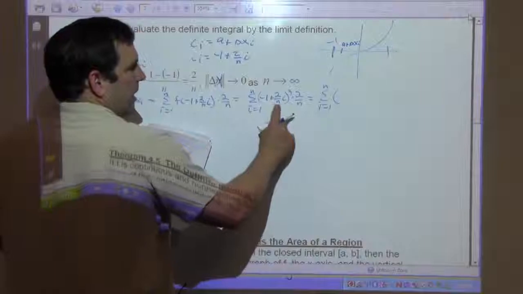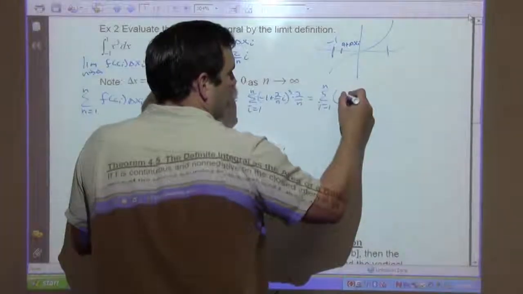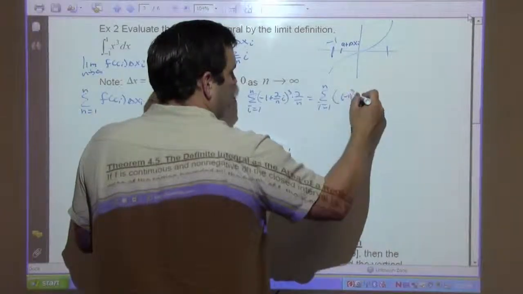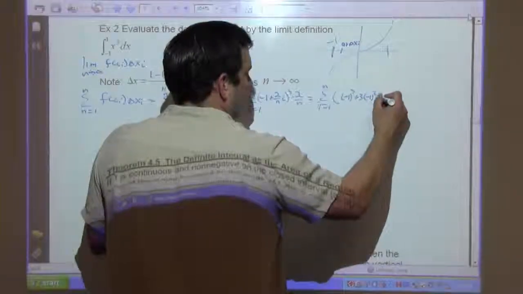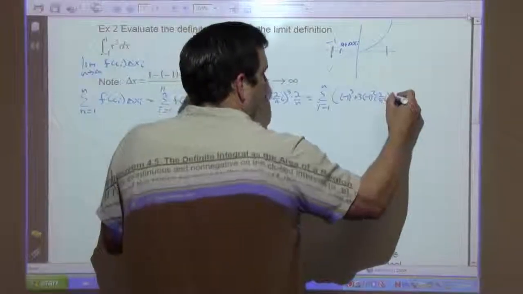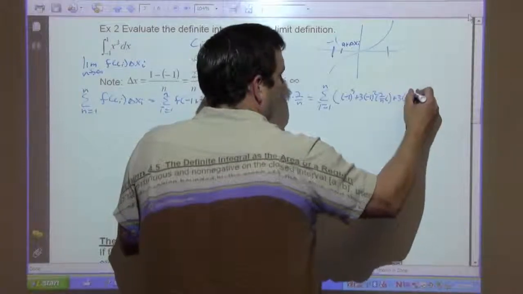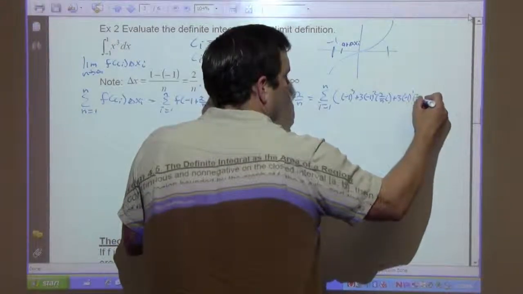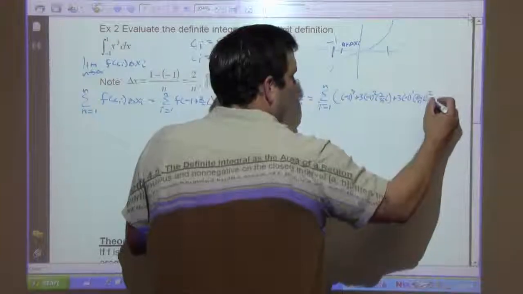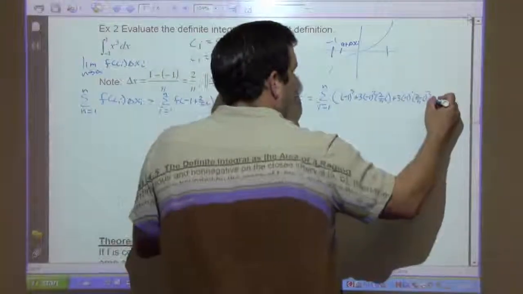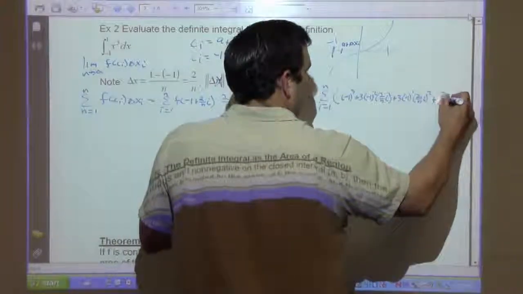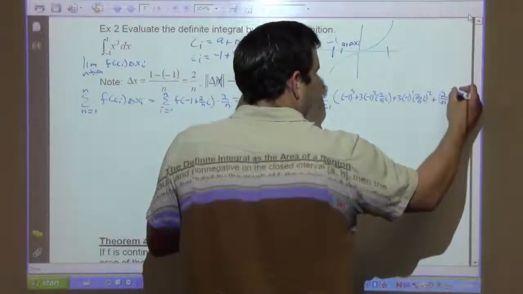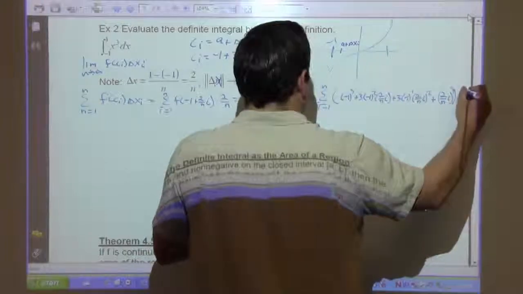of, now we're going to expand a cubic here. I hope you remember how to expand a cubic. That's (-1) cubed plus 3 times (-1) squared times 2i over n plus 3 times (-1) to the 1 power times (2i over n) squared plus (2i over n) cubed, times 2 over n.